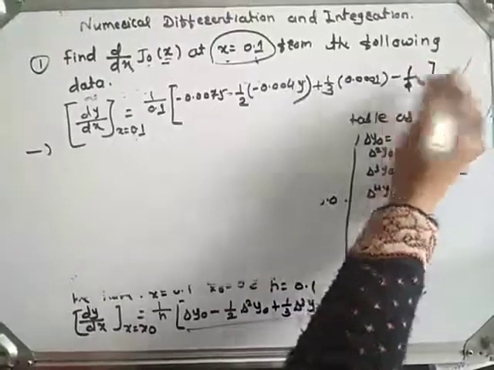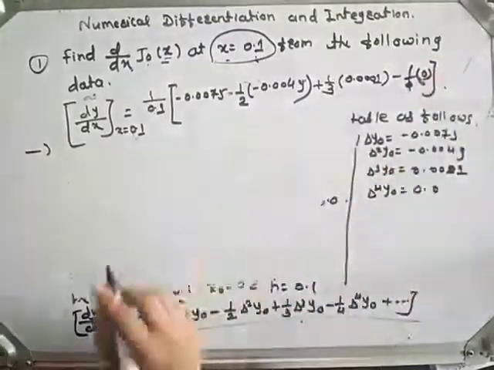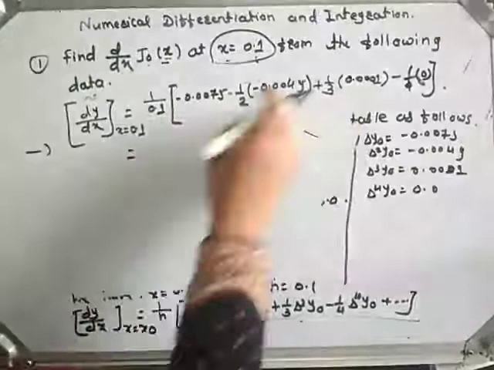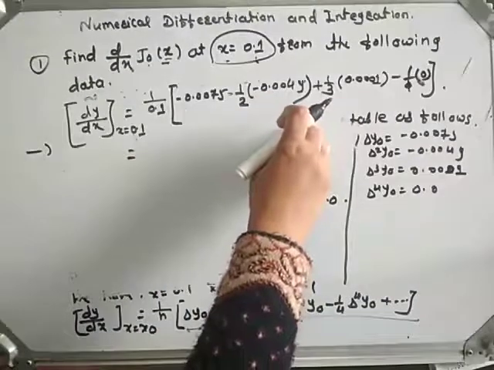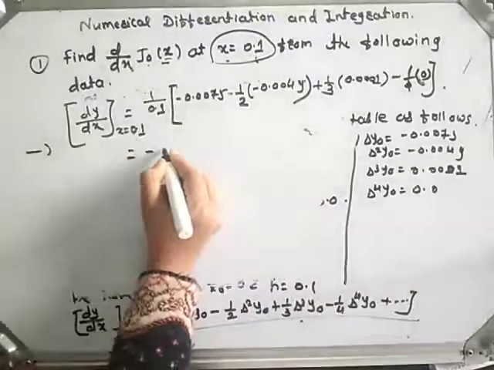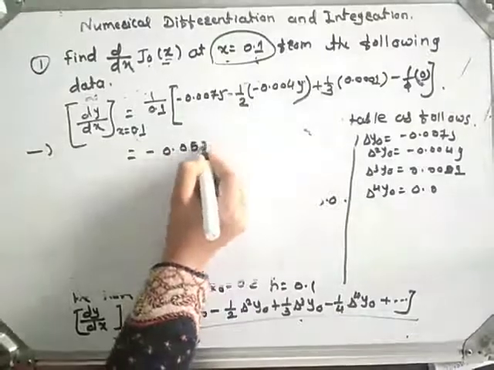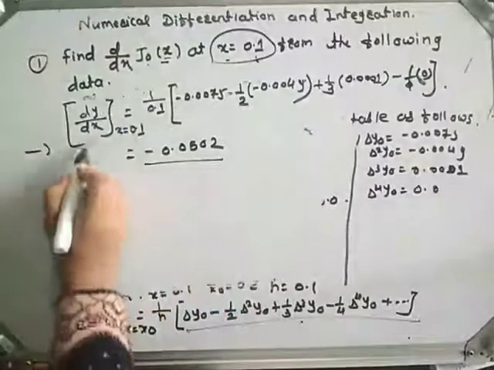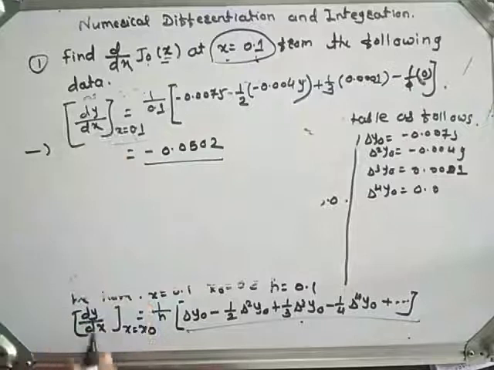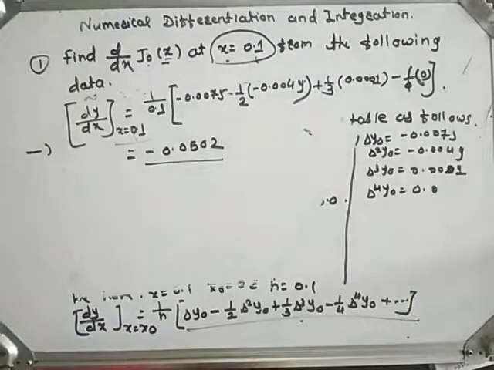Okay, 1 by 4 into 0. Calculate this on a calculator. You get the answer minus 0.0502. This is the derivative at the point x equals 0.1.